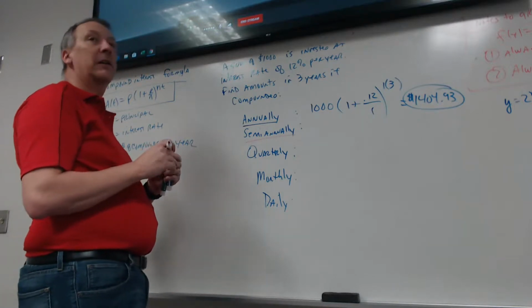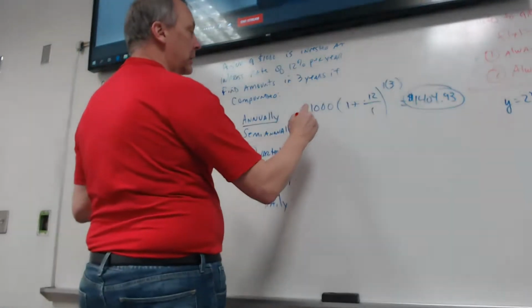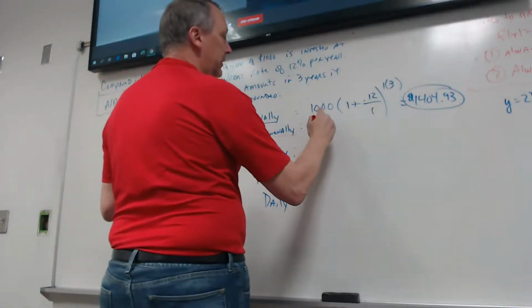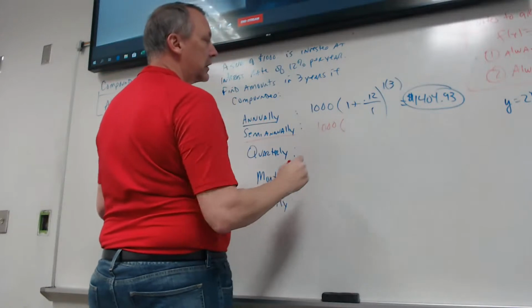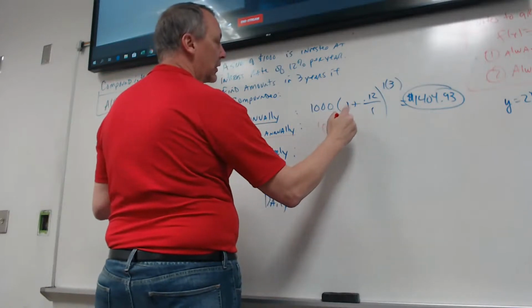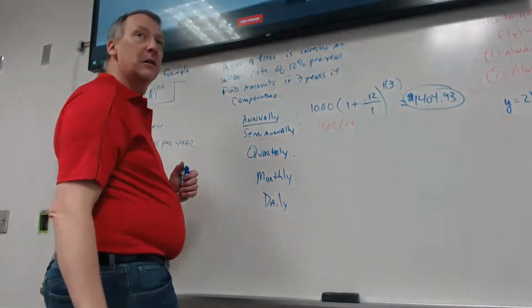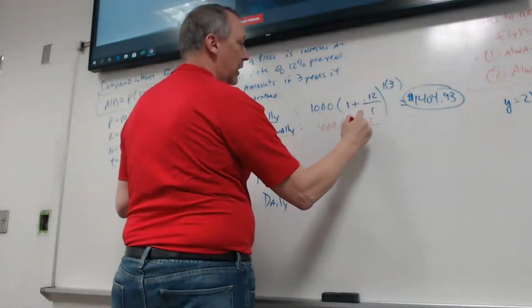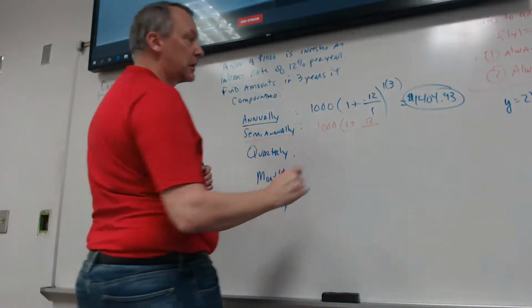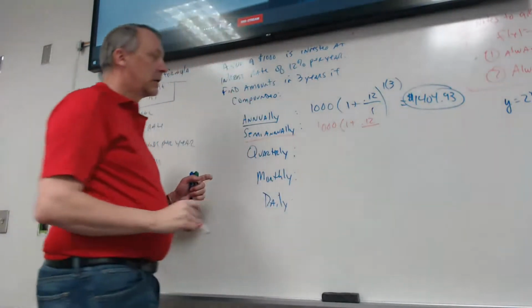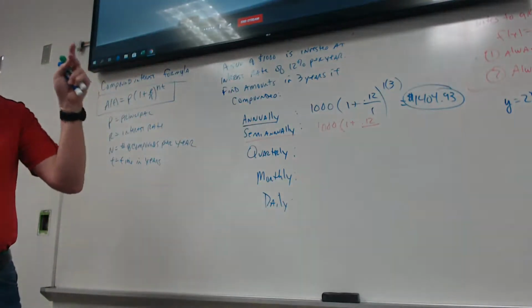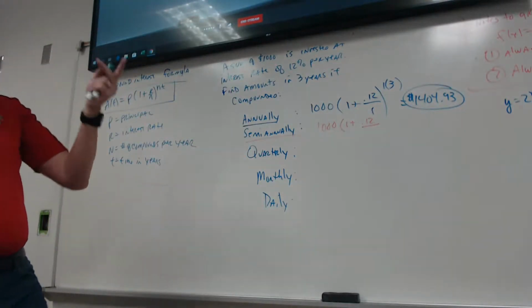Okay, so tell me what's right. 1,000, open parentheses, 1 plus 12 over... Semi-annually would be twice a year.